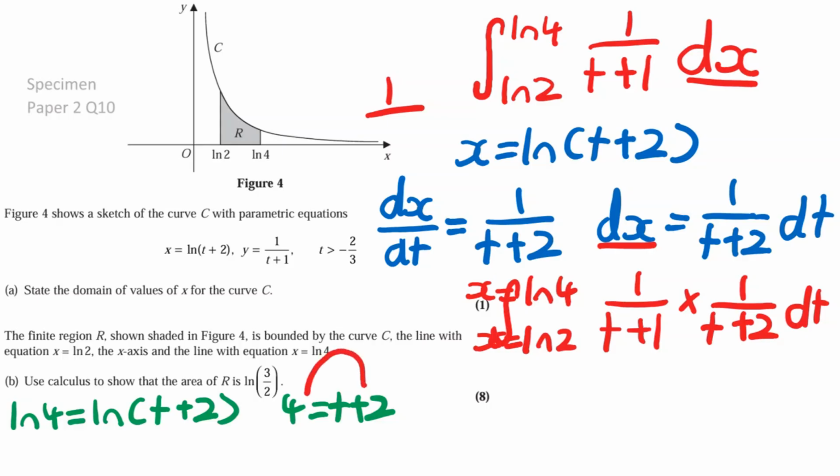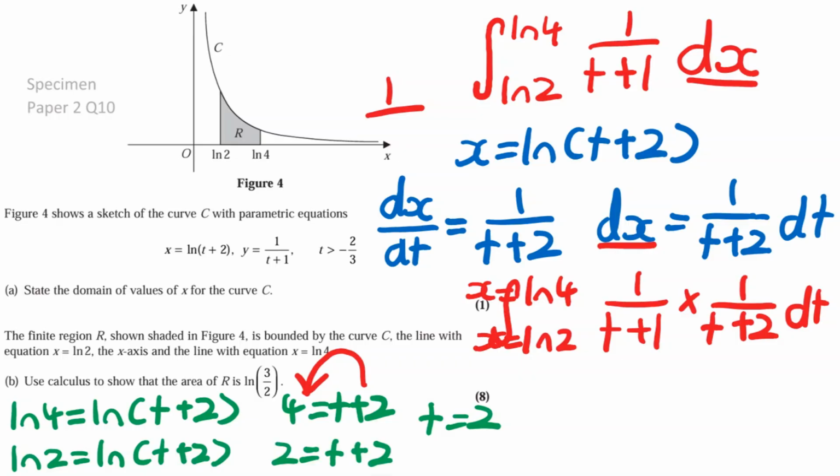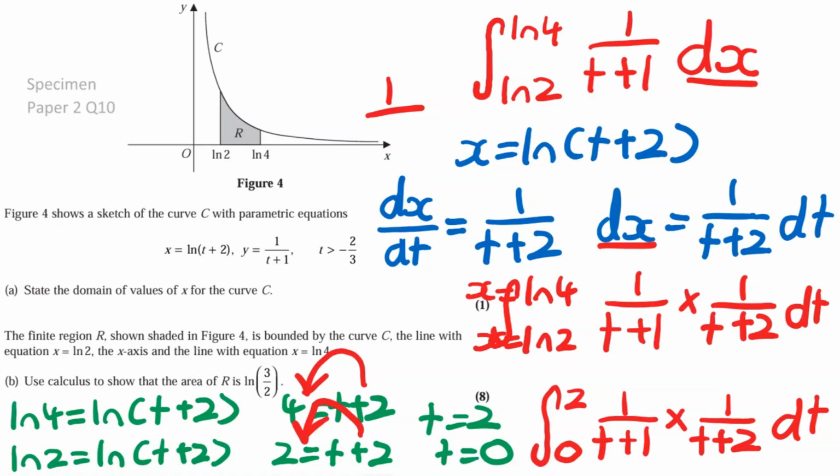Move the plus 2 to the other side, so we get that t is equal to 2. And then this one here is going to be the natural log of 2 is equal to the natural log of t plus 2, so 2 is equal to t plus 2. Move the plus 2 to the other side, so we get that t is equal to 0. So in terms of t, these limits here are 2 and 0, and now we have this integral here that we can start to work with.